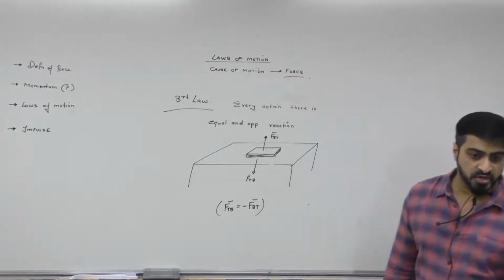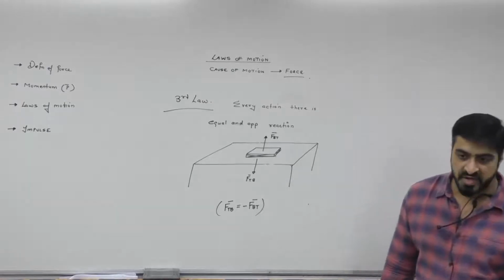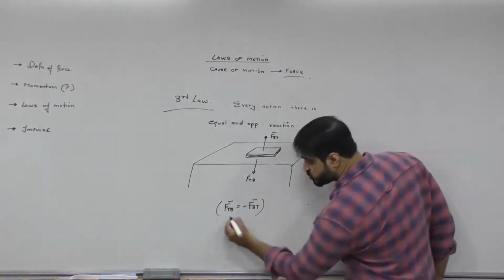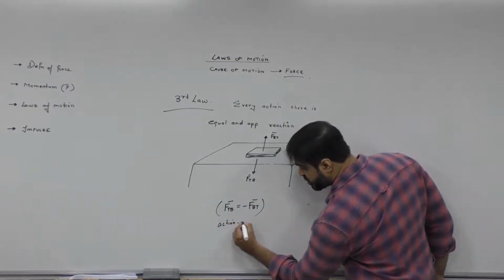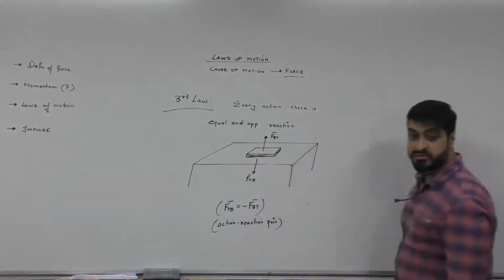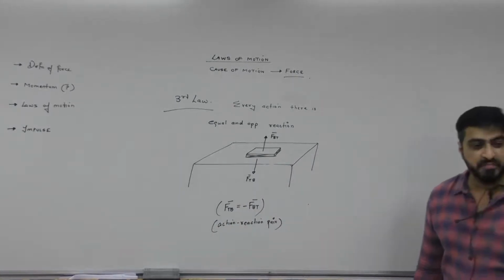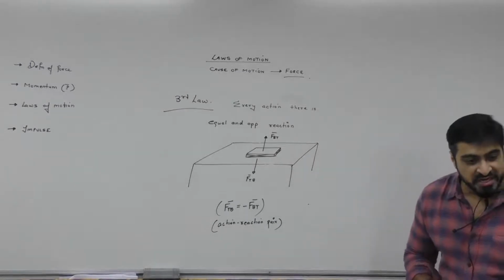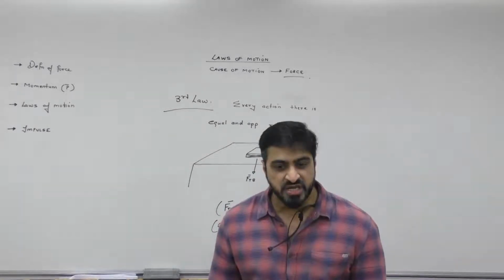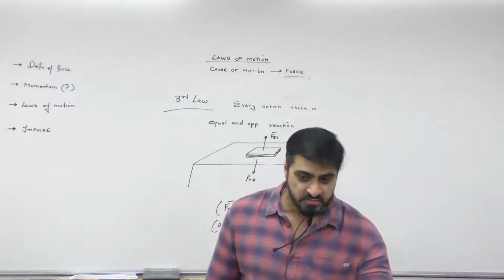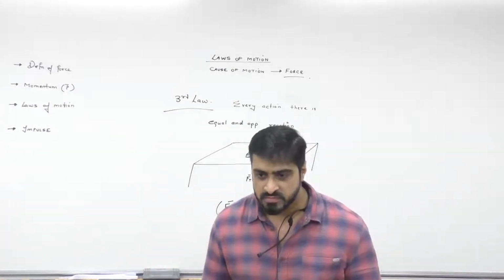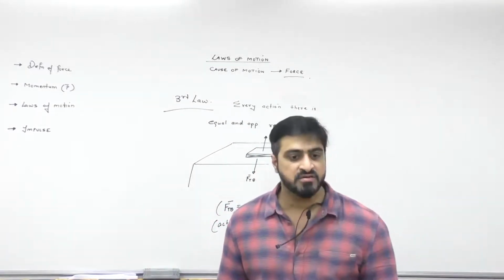Now you will tell me, sir, how is the body at rest then? That question will come to your mind. First you get this clear. They will not cancel. They form an action-reaction pair. Action reaction pair plays a very, very important role in nature. In the gravitation chapter, circular motion chapter, in many chapters the action reaction pair will come into play. Some teacher comes and confuses, sir, this got cancelled. You will say yes, it got cancelled. Okay, no problem. If they cancel, the net force will become zero, beta.